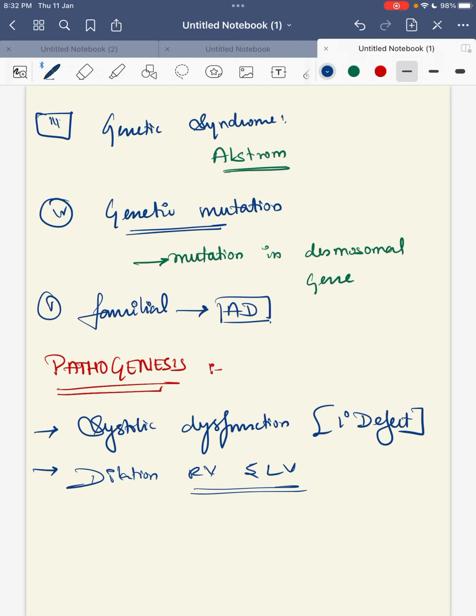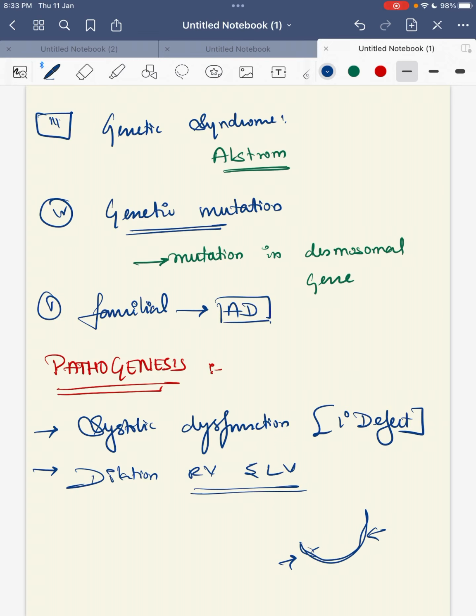In echo, you can see the ventricle and the atrium size can be proportionately equal. Because of the systolic dysfunction, there won't be a good ejection; the stroke volume and the ejection fraction will be less in this patient.